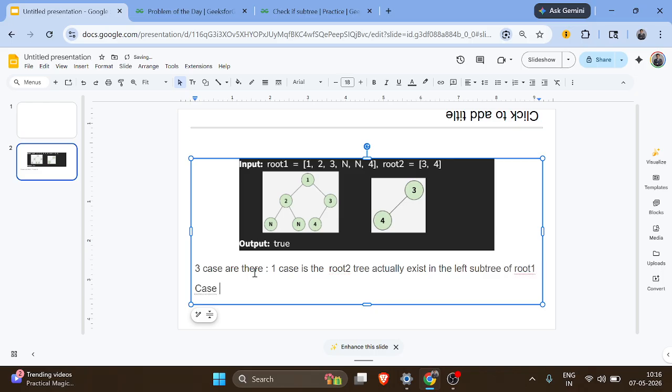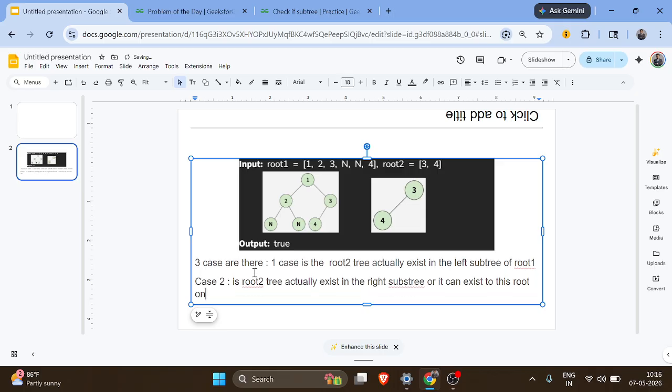Case 2 is that the root 2 tree actually exists in the right subtree, or it can exist at this root only. There are three possibilities.